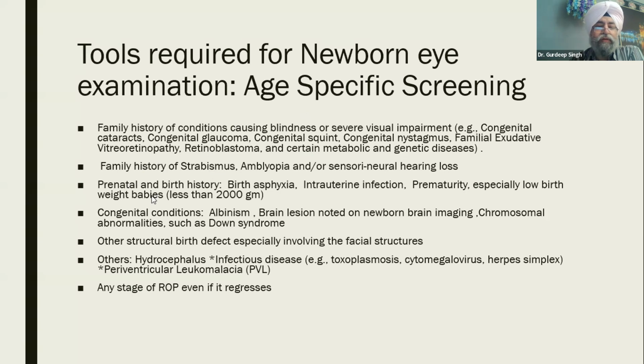Other related things are hydrocephalus, infectious disease history, and other anomalies like albinism, Brown syndrome or chromosomal abnormalities in the child, or presented in the family before.